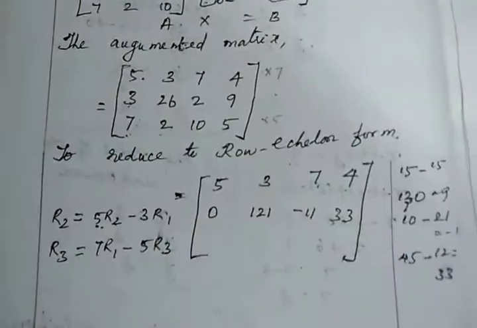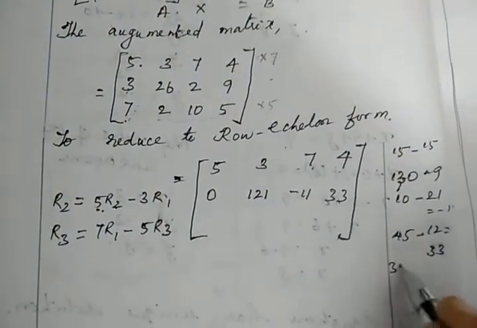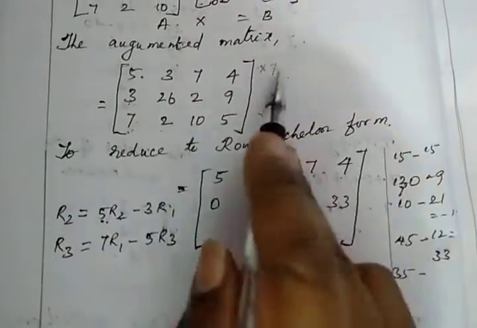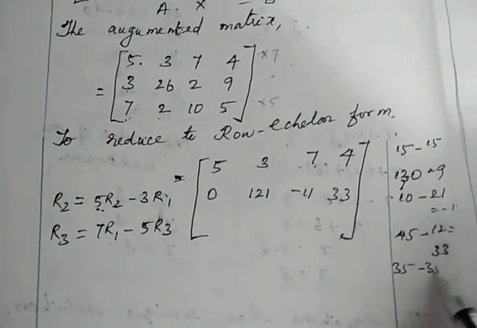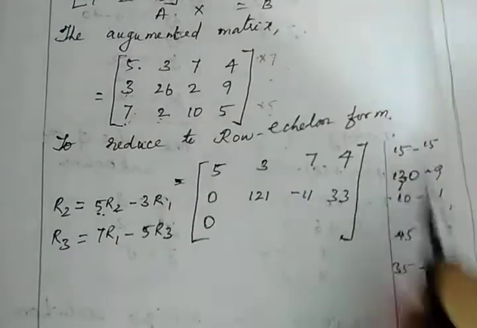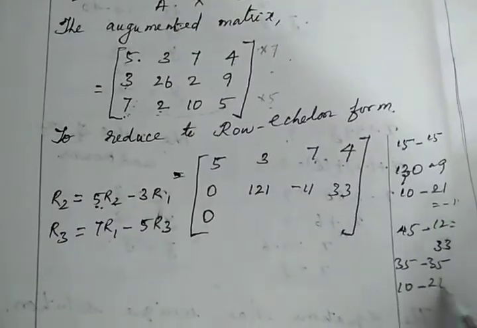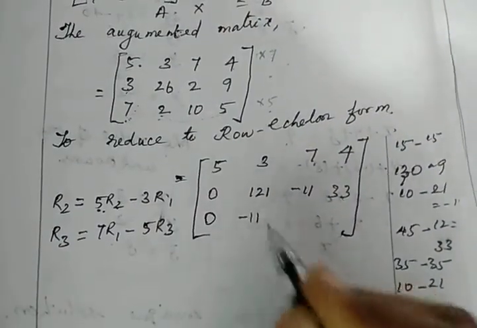Subtract both these rows. 7 5s are 35 minus 7 5s are 35 again, so 35 minus 35 is 0. Next 2 5s are 10 minus 7 3s are 21. 21 minus 10 is minus 11.